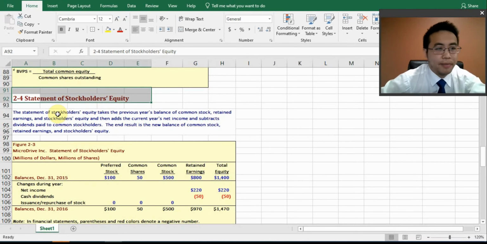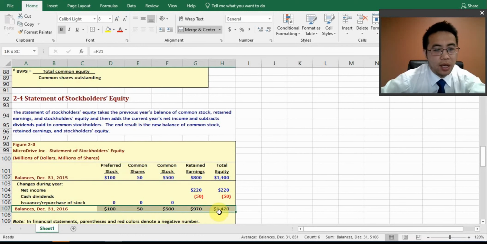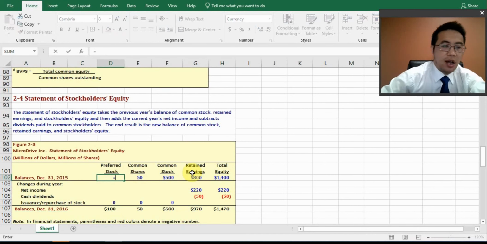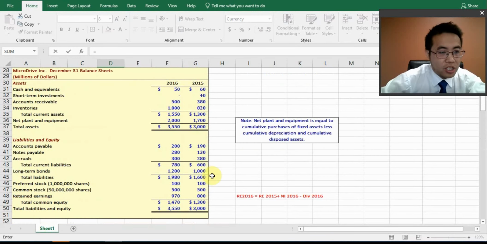Now let's work on the statement of stockholders' equity, and it comes from all the equity items from the previous year, and then all add up to the items in the new year, or the current year of 2016. And for the preferred stock in the previous year, I still will link this cell to the previous financial statement in the balance sheet.